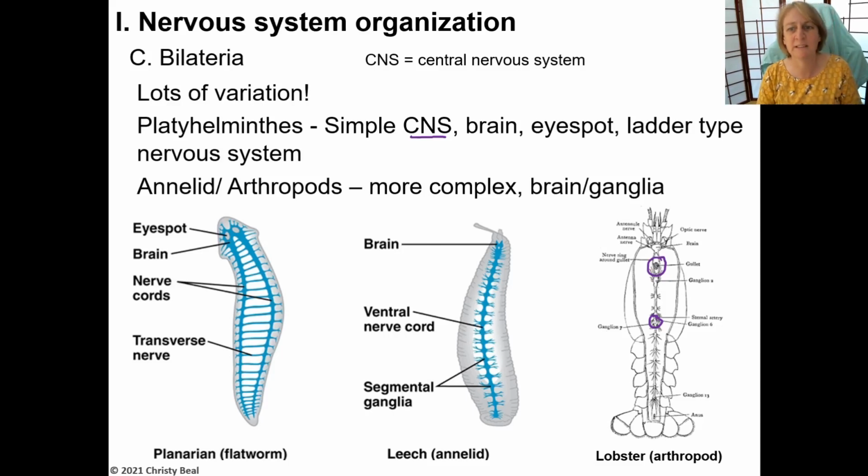Even these very simple flatworms, so this is a Platyhelminthes, in the Lophotrochozoa, have two nerve cords running down their bodies. They have a concentration of nerves in their head, including the ability to perceive light. They have eye spots.